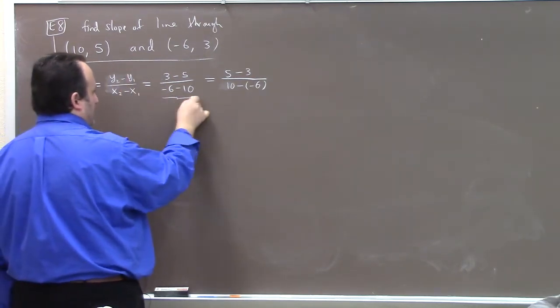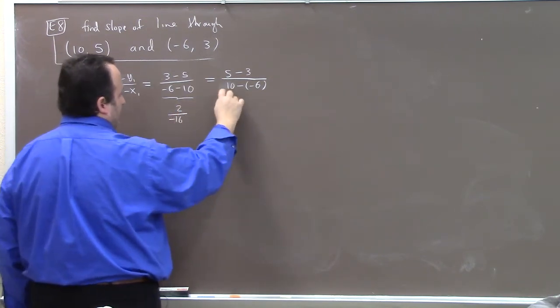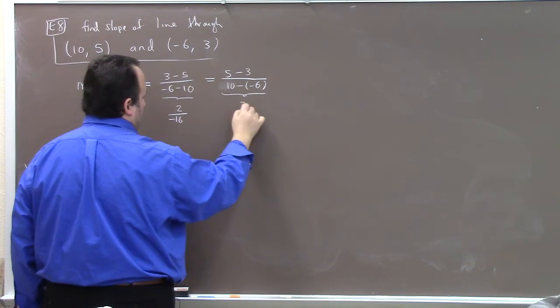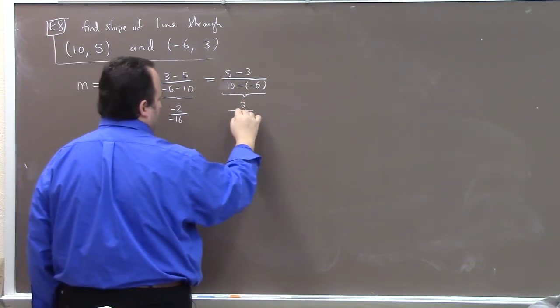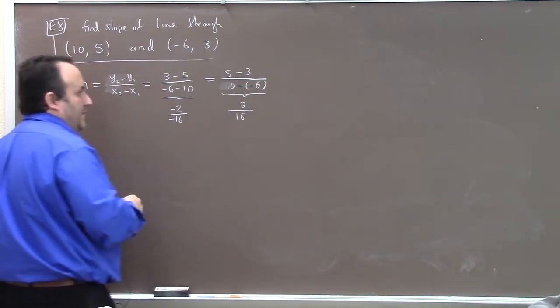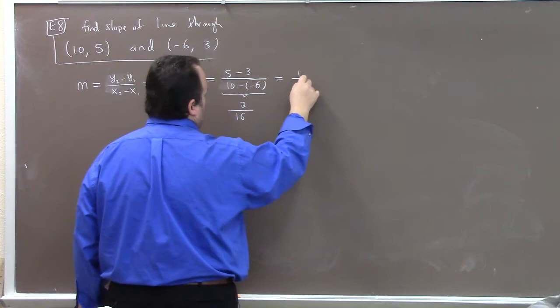See, this one is 2 over minus 16, right? And this is 2 over 16. Any way you slice it, the slope that we're looking for is 1/8.